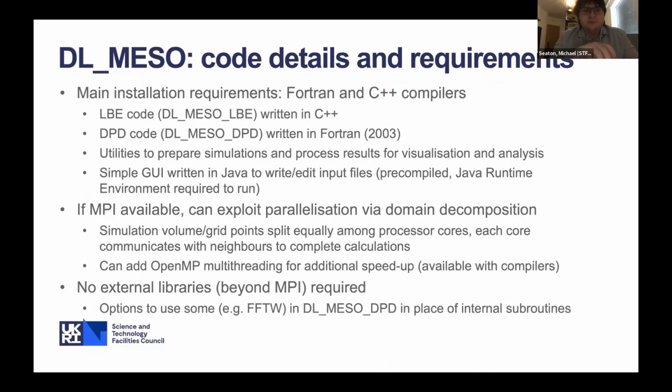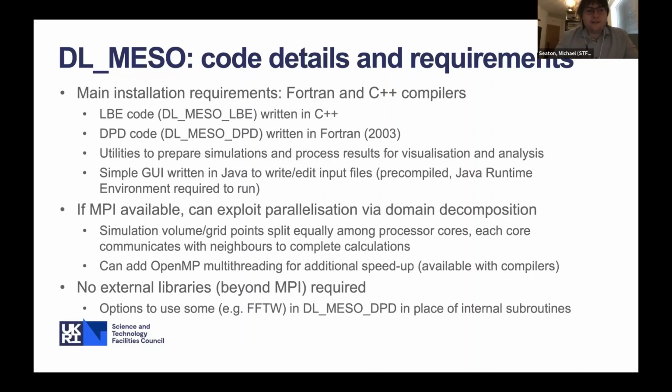There are also some additional utilities written in both languages to prepare your simulations, process the results, visualize what has happened and carry out some analyses. There's also a simple graphical user interface written in Java to help you write and edit some of the input files. That one is already pre-compiled, but you do need a Java runtime environment to use it, although that is usually available on any computer anyway.